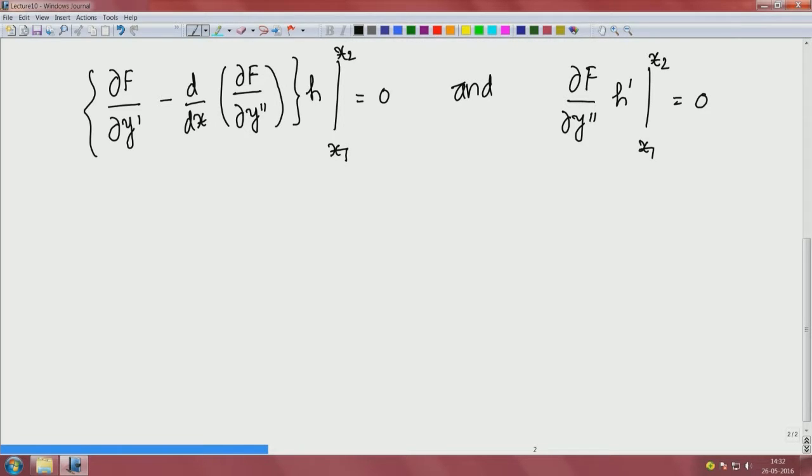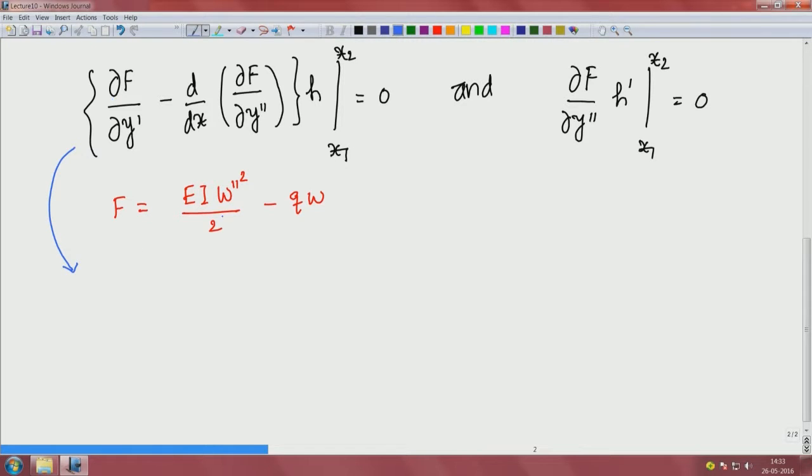Okay. Now, again let us see what F is for this problem. F is, and instead of y we will have w in this problem, that is E I w double prime square by 2 minus q w, right. Based on that, let us write this boundary condition.